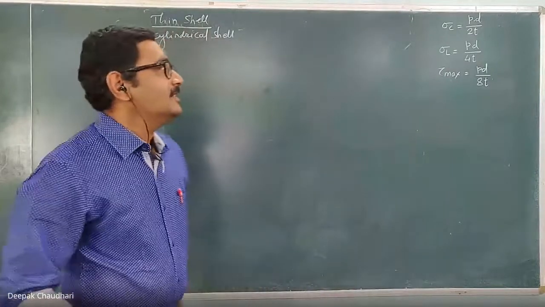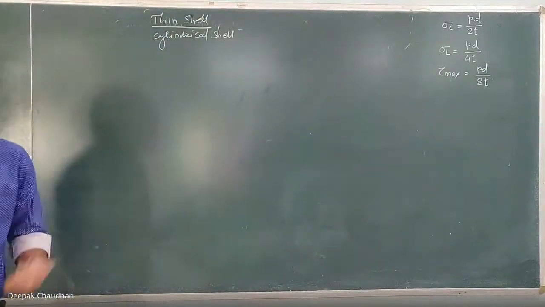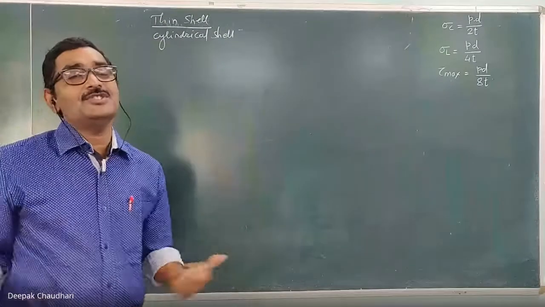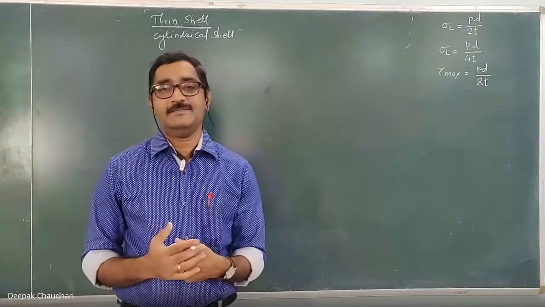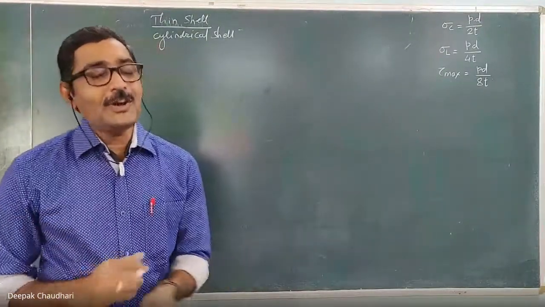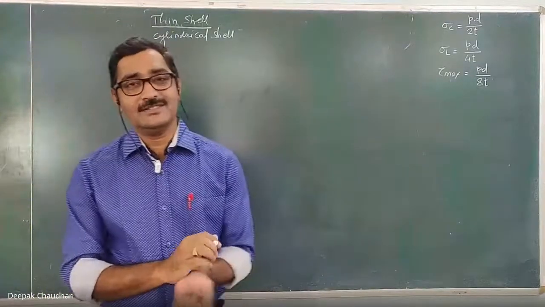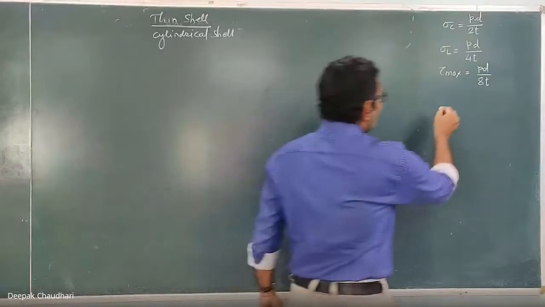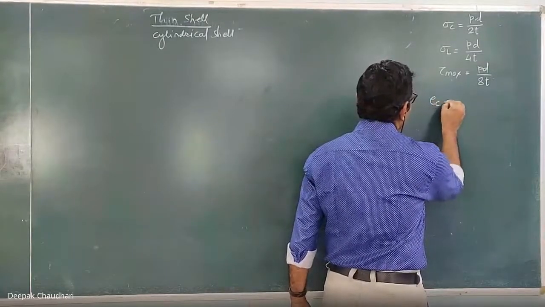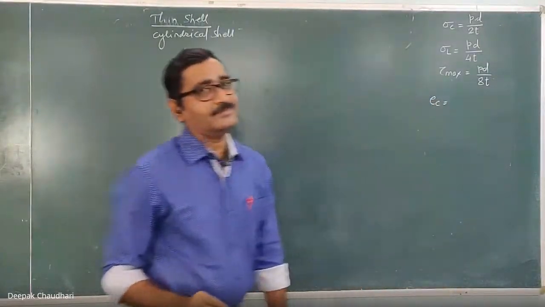Then because of the internal pressure, the dimensions of the cylindrical shell change. Now to find out that change in dimensions as well as change in volume, we have to calculate the strain. So we have calculated the circumferential strain.